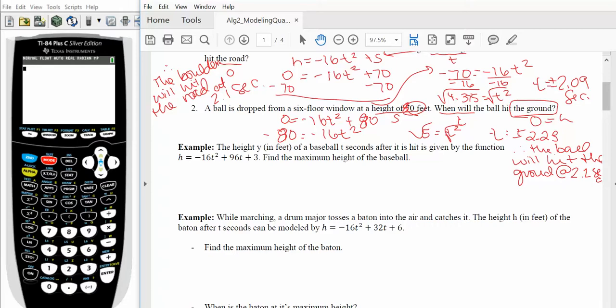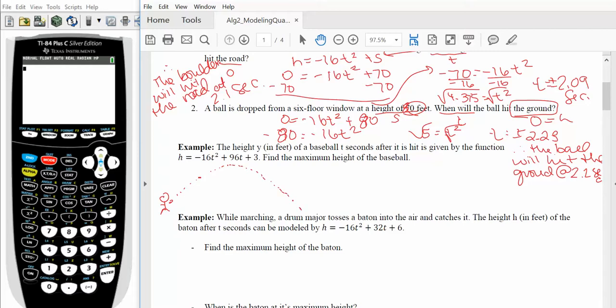It says, example, the height y in feet of a baseball t seconds after it is hit is given by this equation. Find the maximum height of the ball. Okay, so if I have a person and they're going to hit a ball, the ball starts here, right? And it goes up, and then it goes down where it eventually hits the ground.